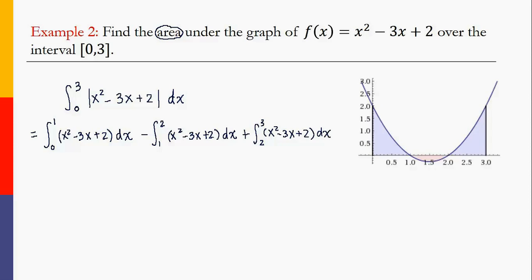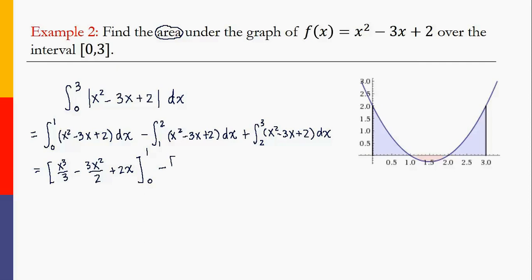According to the fundamental theorem of calculus, we will need to find the antiderivative first. So we have x cubed over 3 minus 3x squared over 2 plus 2x, and do not forget this x. So evaluate from 0 to 1.